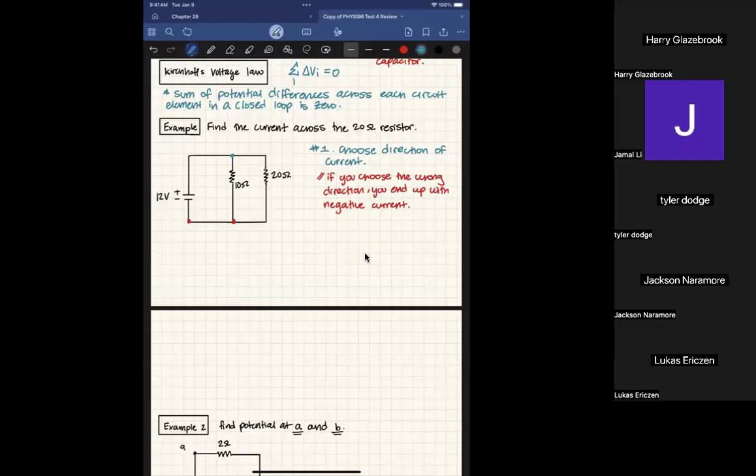So I'm going to go about choosing my direction. It is kind of best practice, as I said, to start from the positive end of the battery. So I'm going to label this current I. I reach a junction here, and I know if I reach a junction, my current splits. So that's going to split off into I1 and I2, let's say.